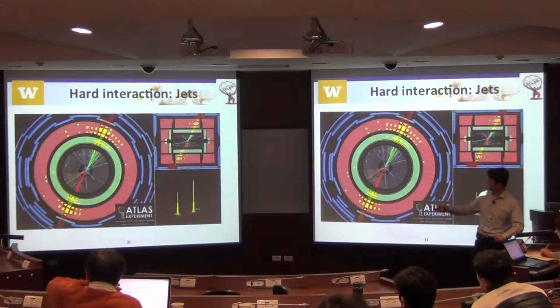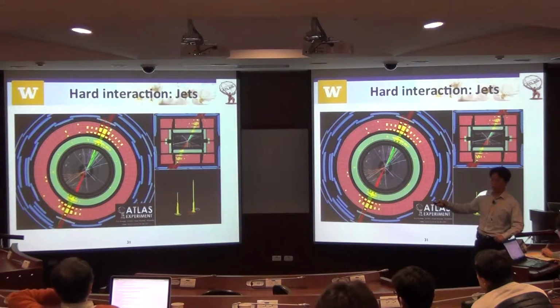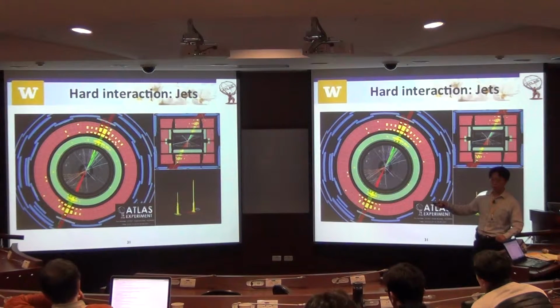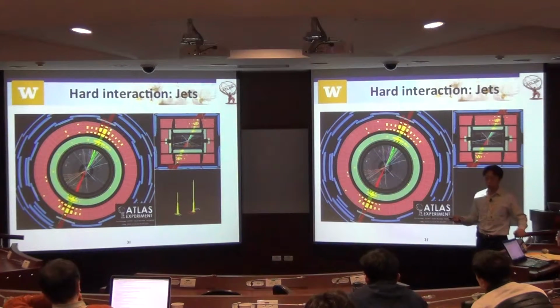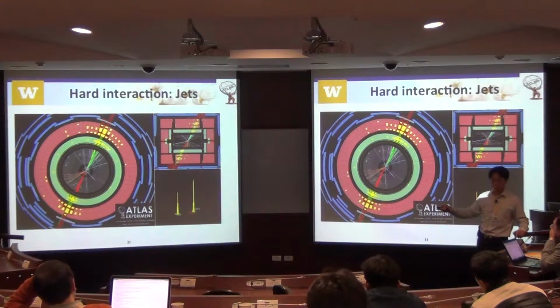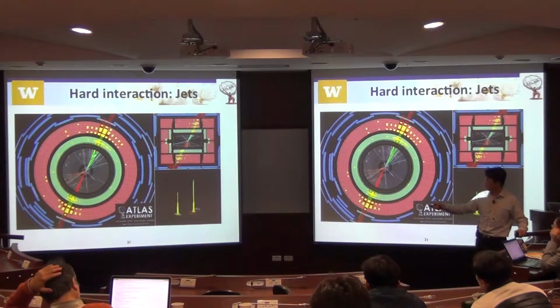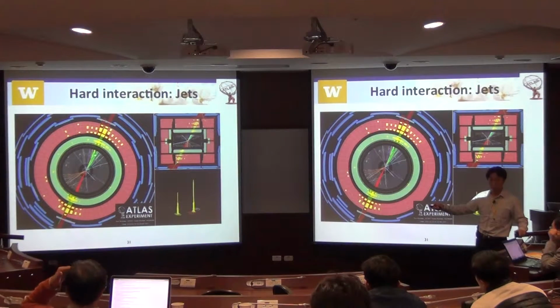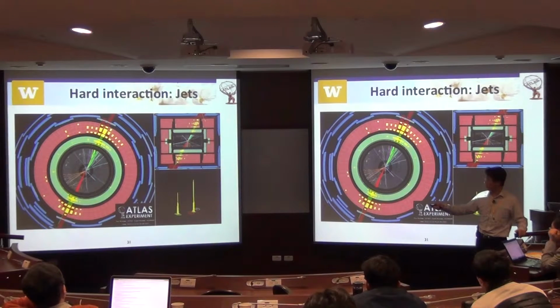Then the green is called the EM calorimeter, and the red is the hadron calorimeter. So you can learn that this is a very good candidate for either a quark or a gluon. What happens is that it produces a lot of charged particles, but it also has a mixture of some neutral particles. And not only that, it also deposits energy in the hadron calorimeter.